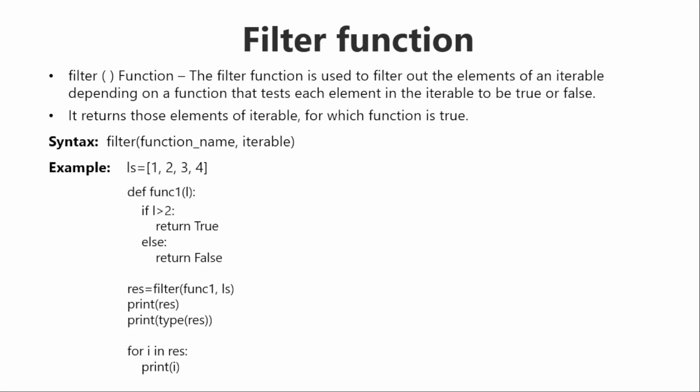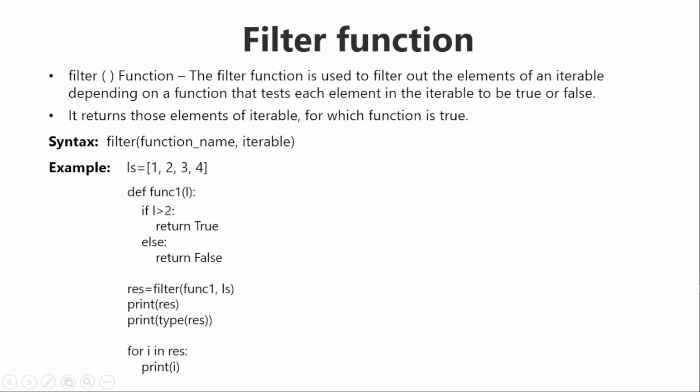To check its type, you can see it is of type filter, and in order to access its elements, you can make use of a for loop: for i in the result variable, print i, which gives the elements which are true for the given function condition.